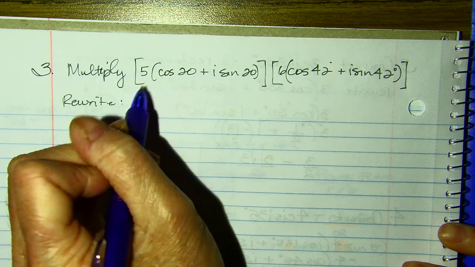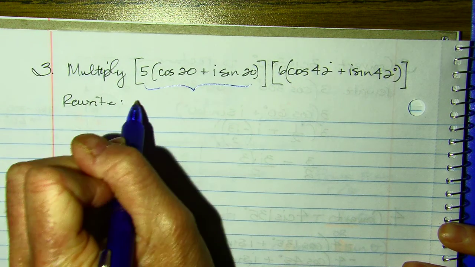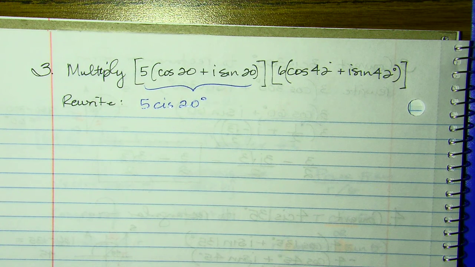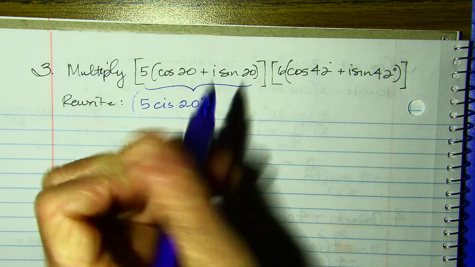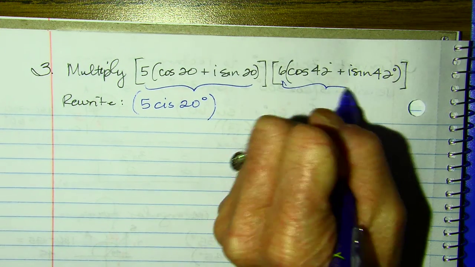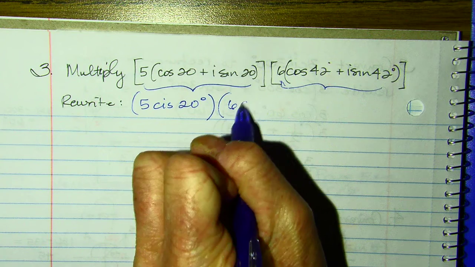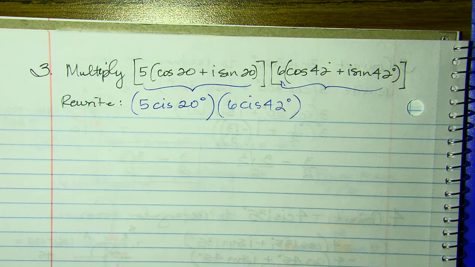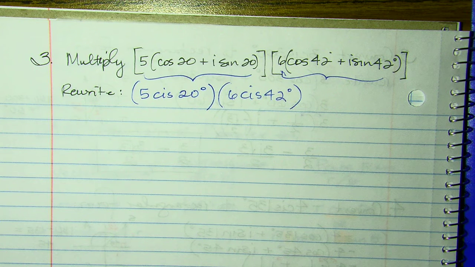So this would just be 5 cis 20 degrees. Okay, I'm just using that abbreviation. And this one would be 6 cis 42 degrees. So you're going to rewrite it so that it's in that form.